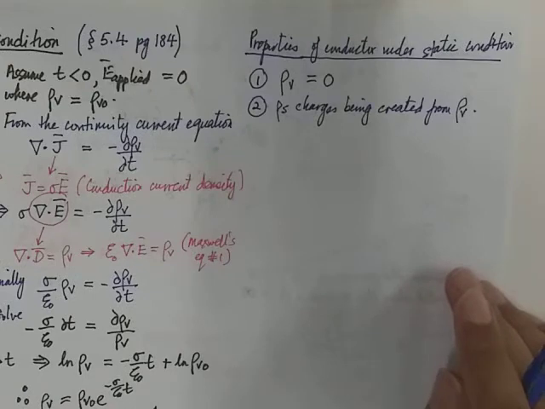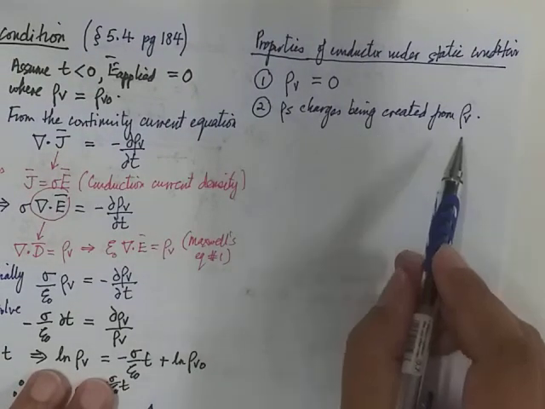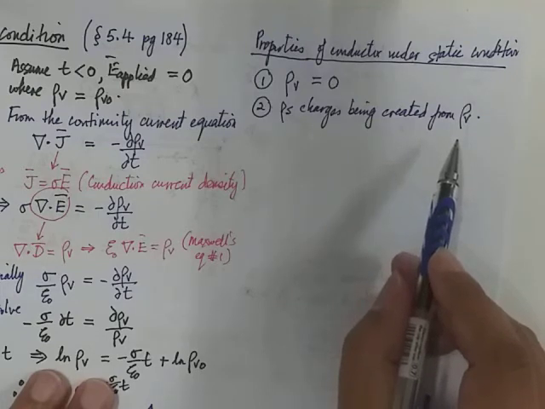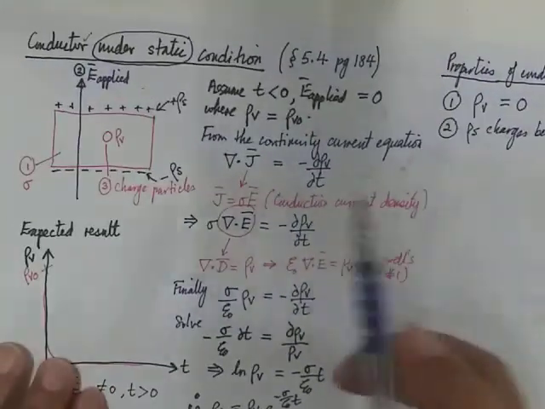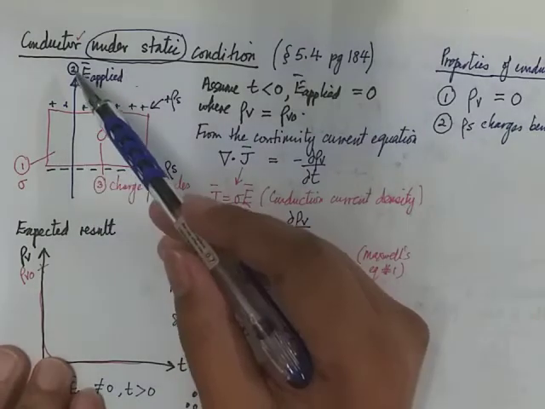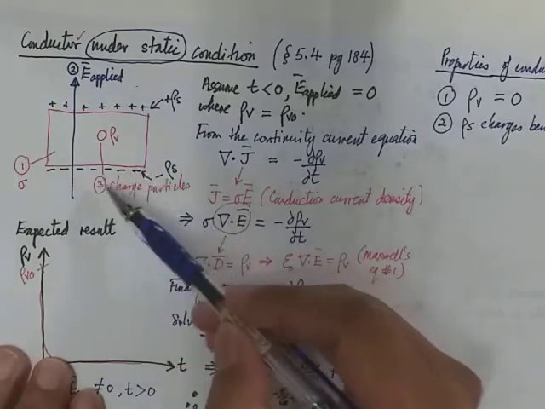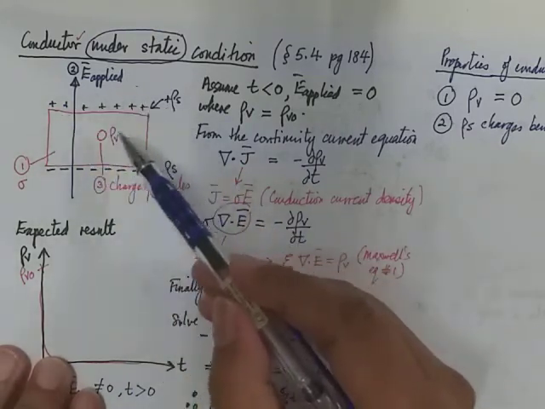The way the charge distribution is arranged depends on the E applied. Since the E applied is from bottom to top, the bottom surface is going to be filled with negative charge, and the upper surface is going to be filled with positive charge.